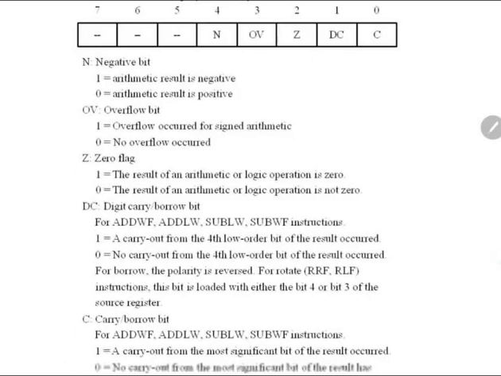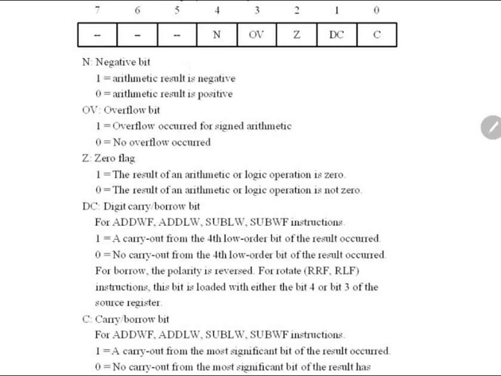So we will do some examples, but let us look at the description of each of these bits. N is the negative bit. If the flag is 1, it means the result is negative. If it's 0, the result is positive. OV means overflow. If there is an overflow, the OV bit will become 1, otherwise 0. Z is the zero flag.